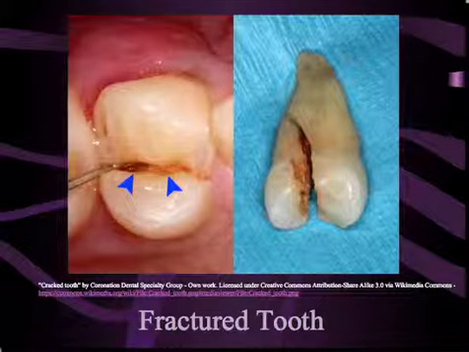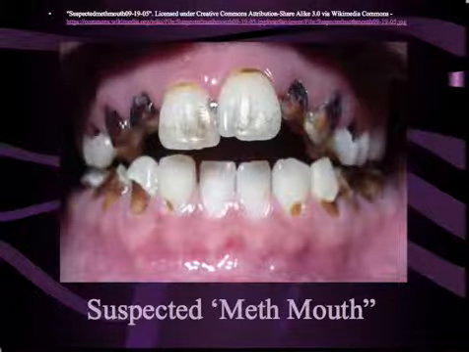Sometimes the fracture does not exhibit right away, and the patient may even tell you they were eating toast or some other softer food when the fracture occurred. Other patients will have experienced trauma, such as a baseball to the face, or a fall, or some other accident that caused fracture to the teeth. These types of injuries to the teeth may require extensive care.